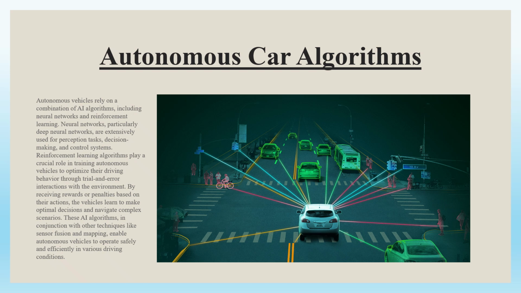When it comes to the algorithm, the first one used for training the car is the deep learning algorithm, because deep learning allows the trainer to train the car with a lot of information, as I said, thousands of pieces of information or thousands of objects. Then at this point, the car learns how to detect any object and make a decision.